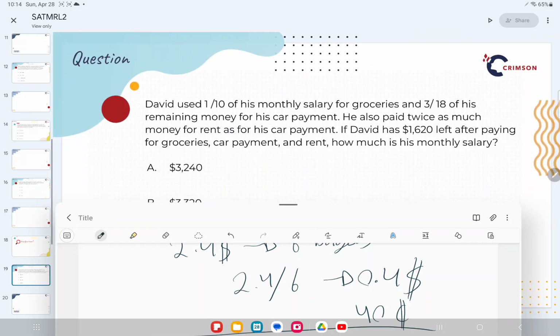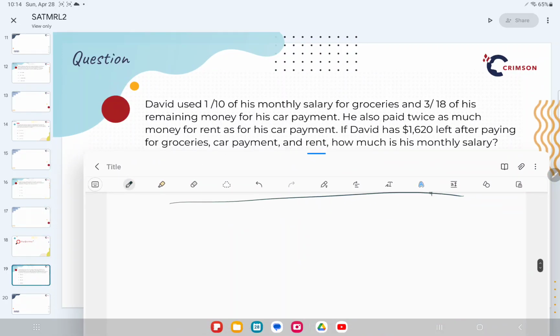Okay. Let us explain this one in more depth. Now, David uses 1/10 of his salary for groceries. So I'm going to use 1/10 of my salary for groceries. And 3/10 of his remaining money.